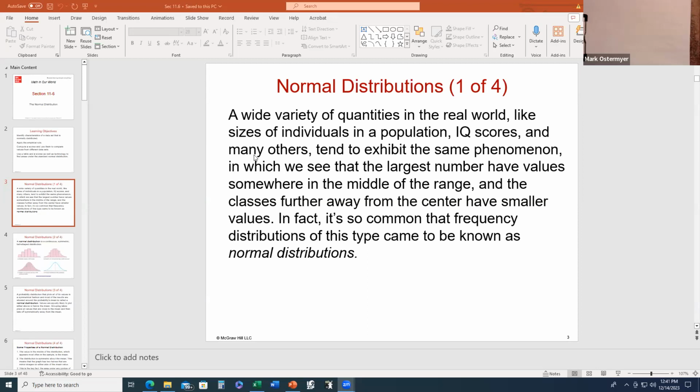For instance, when I was teaching a stats course many years ago at Baker College, I had my students go outside for a lab and measure pine needle lengths on a pine tree. And I told them to make sure that they get a good sample and measure all around the pine tree. They brought those lengths into the classroom and then built a frequency histogram.